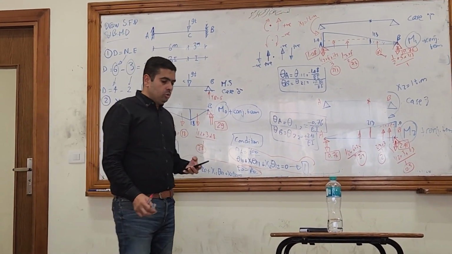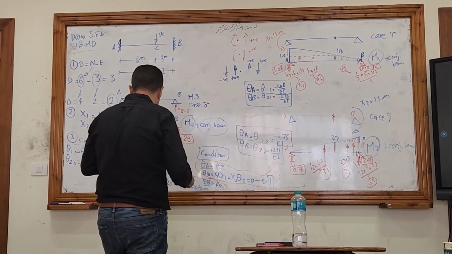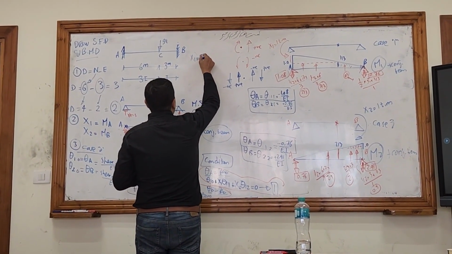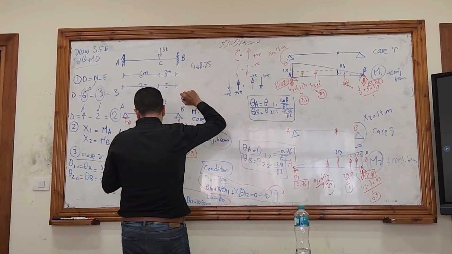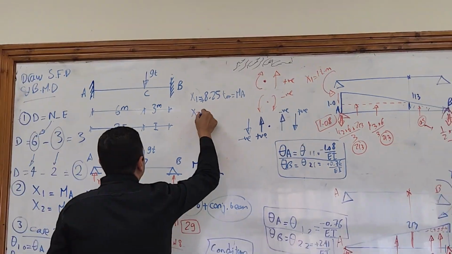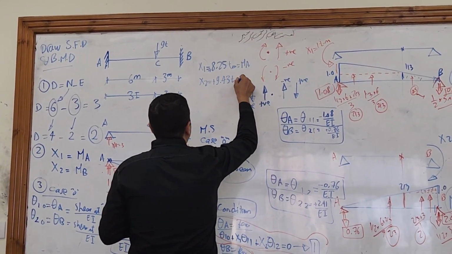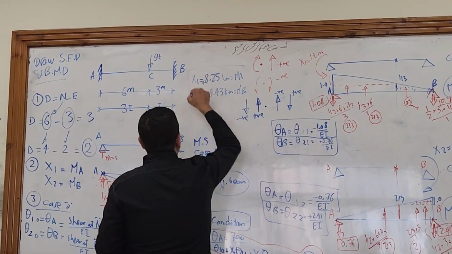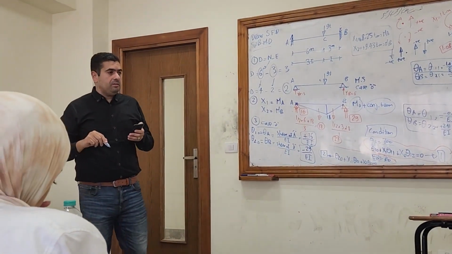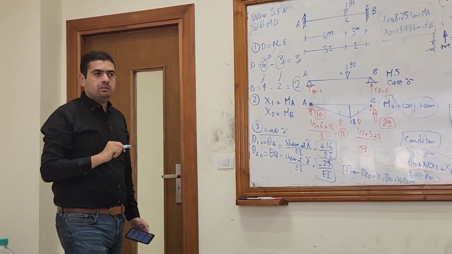x1 will be equal to positive 8.25 ton meter, which is MA, and x2 will be equal to positive 9.43, which is MB. What does the positive mean? The positive means that the direction I assumed is correct.